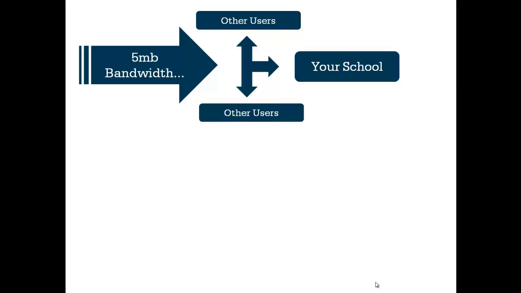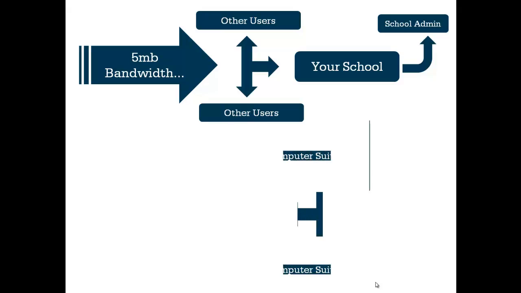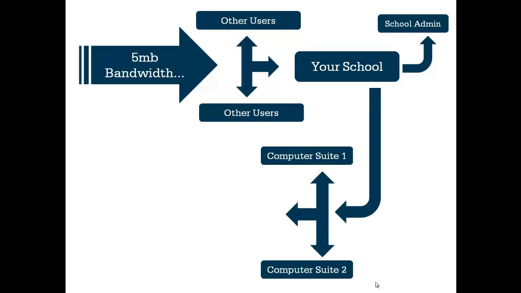Who's using it in your school? Well, very often the administration are using this web connection as well. So they won't be using a lot, but what they use may take a bit away from what's available to you. And also reflect on what's happening in your school. You may have 2 computer suites that are being used.